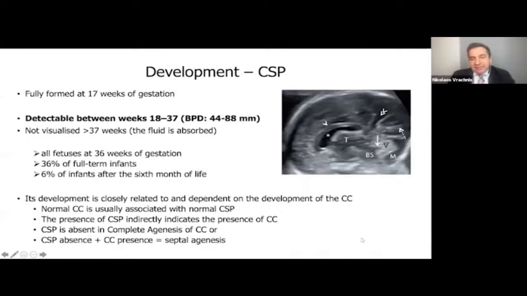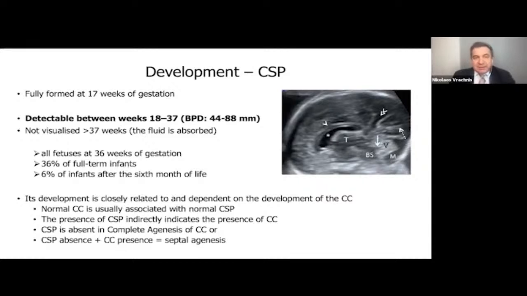Now, concerning the development, the CSP is fully formed from 17 weeks of gestation. It is detectable between 18 and 37 weeks. So if you cannot see the cavum septum pellucidum, the CSP, after 37 weeks, that does not mean that there is any issue.